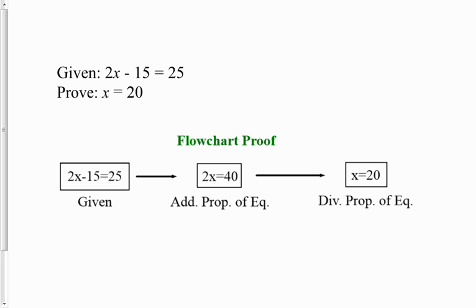Now we'll get into some very elaborate flowchart proofs where we will have arrows flowing from one box to multiple boxes, and this will be a great exercise of having to rethink and revise your proof, because very often we don't get the flowchart proof right the first time. Now, in this case, it's very simple. You can clearly see how one step leads to the next based on the arrows shown.